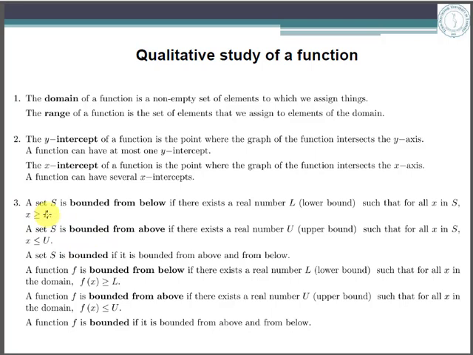This is the third step. So let's recall the definition of bounding.